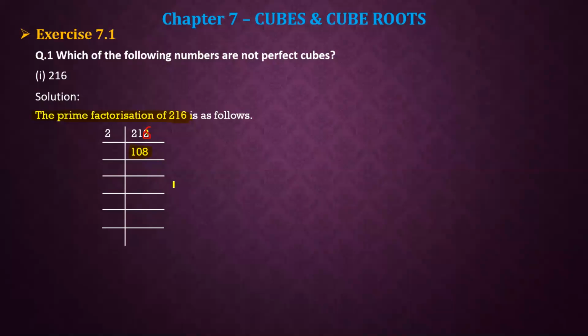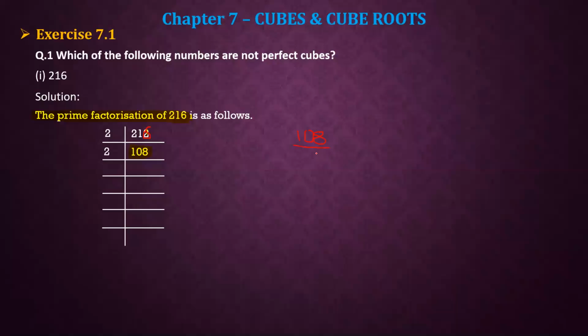If it is odd, divide it by 3, and if it is even, then we have to divide it by 2. By observing this number, it is clear that 108 is an even number, so the next prime factor is again going to be 2. So again we are going to divide this 108 with the help of 2, and you can divide it very easily.